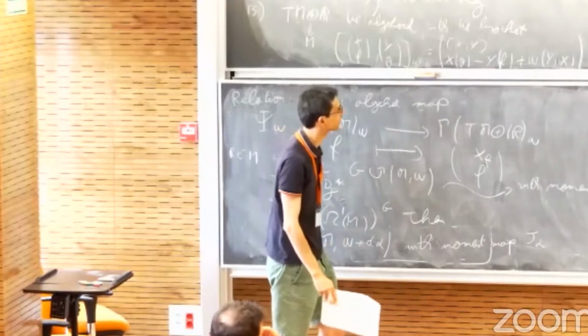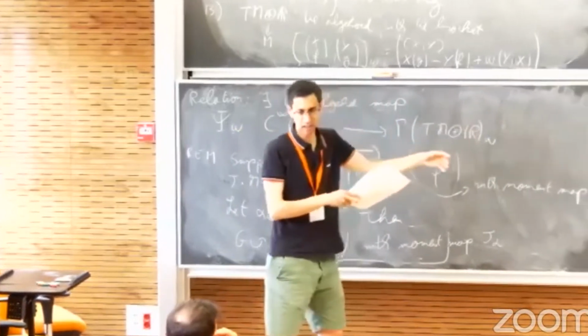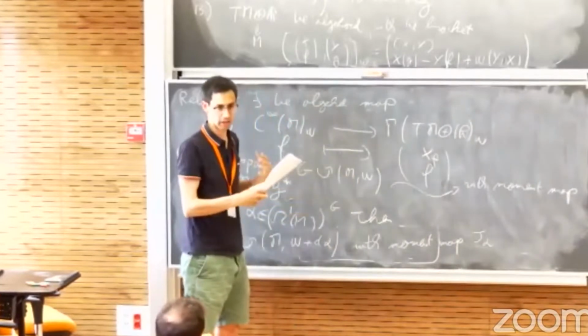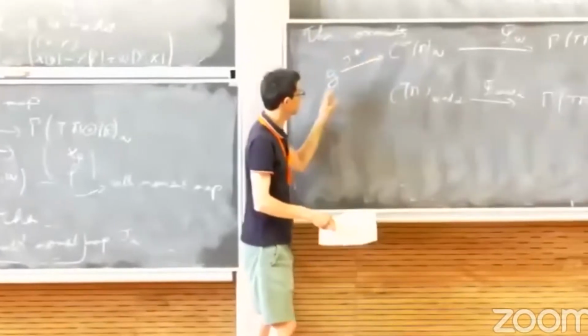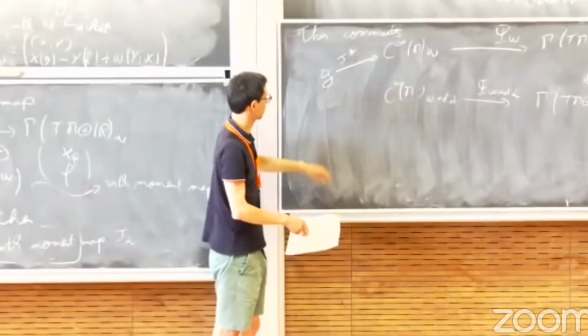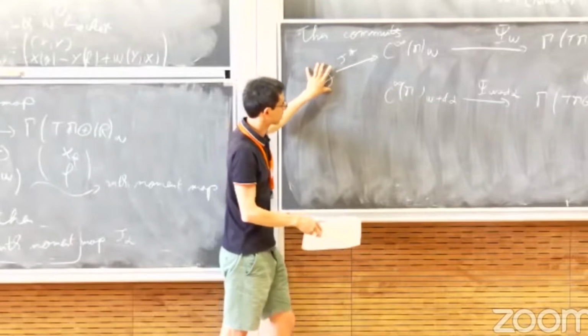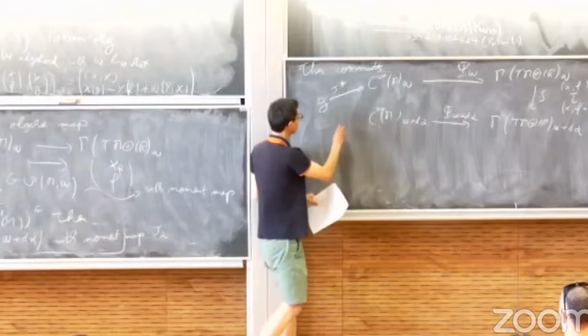I wrote this somewhere. Yeah, I see. The moment map goes from M to g star, so you can take the pullback of functions and restrict it to linear functions. That's this map here, and this map is a Lie algebra map. This corresponds exactly to having a moment map. So you can view g as a Lie subalgebra in the Poisson algebra of functions with a specific embedding.